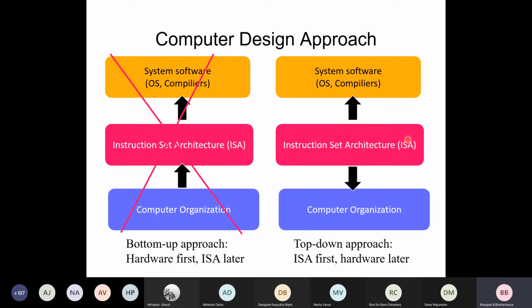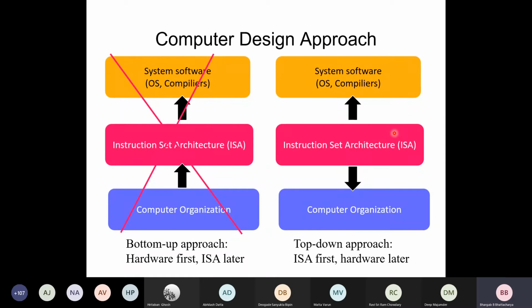And given this instruction set, you may tell the software engineer, well, my machine supports this kind of instruction set architecture. Now you keep on building up your software using this instruction set and so on. So we take the middle path. The middle layer is the starting point.